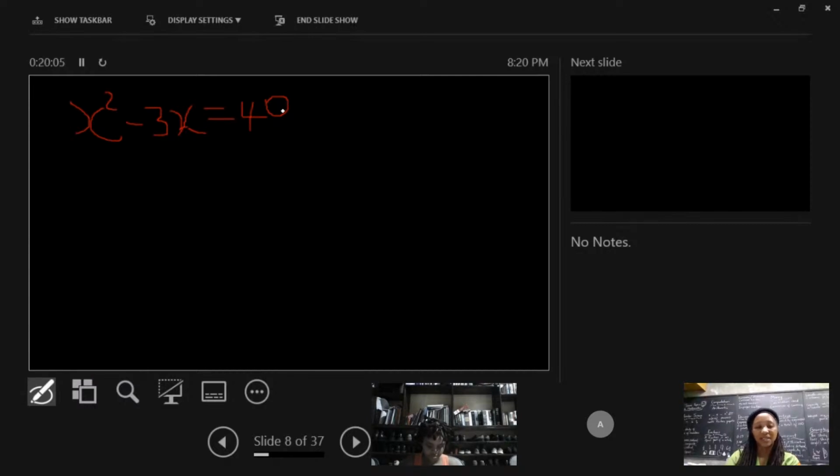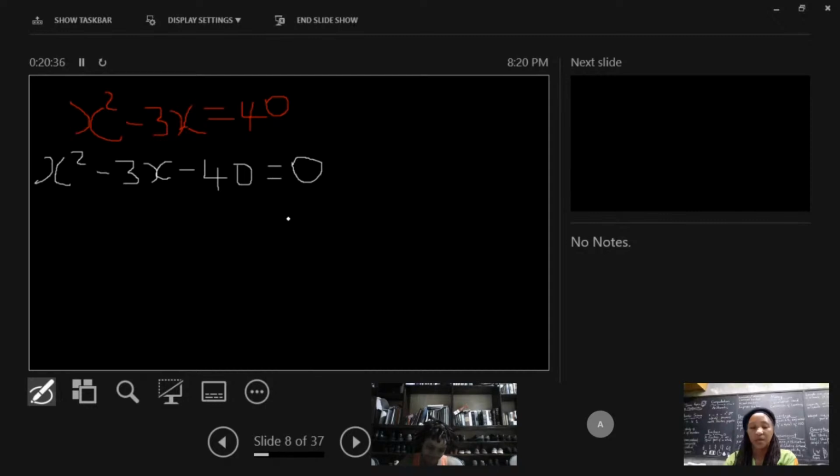In this case, the constant term is on the right. So I need to bring it over with the other two terms. So I would now have x squared minus 3x, and this positive 40 moving over will become a negative 40 equals 0, which is an equation, but we're not going to solve it. We're just going to factorize it.